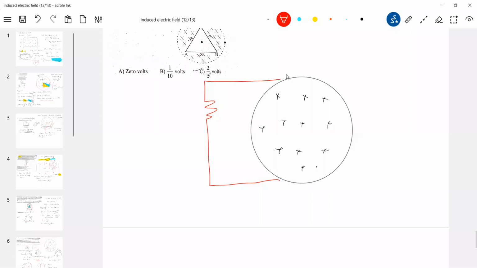Then I can bring another loop and keep it here. It will have resistance, of course. But B bar is varying here only. What about the EMF induced in this loop? I'll give the numbers 1, 2, 3. Altogether we have 3 loops.